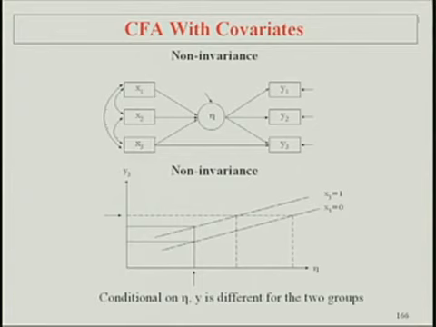If you go to the multiple group analysis, so both the top and the bottom picture of CFA with covariates shows non-invariance in two different ways, model diagram and more in a substantive story. So on the right, continuing this narrative, this is the favorite word of journalists these days, by the way.